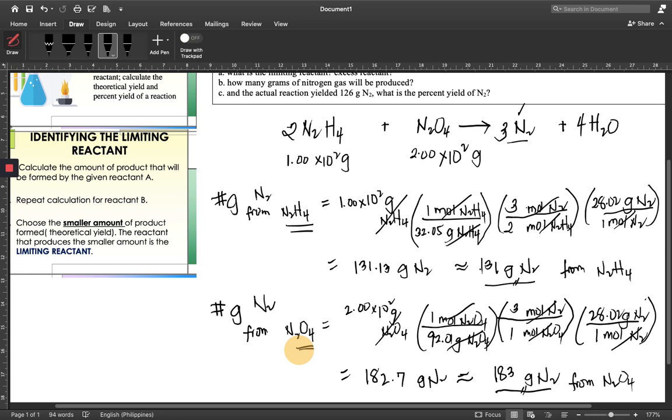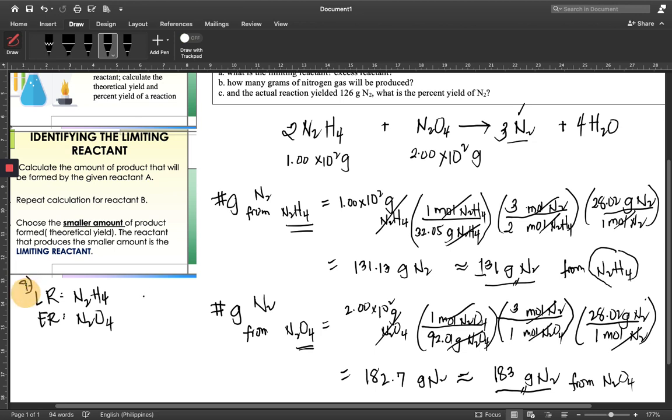So in choosing the limiting reactant, we have to choose the one that gave us the smaller amount of product. And in this case, it is N2H4. Therefore, our limiting reactant is N2H4. So let me label our limiting reactant as LR. So it's hydrazine N2H4, while our excess reactant, we expect that there is an excess of N2O4. And this is our answer practically for letter A.